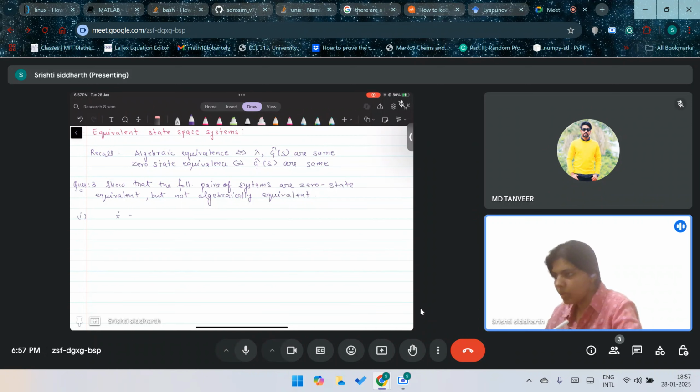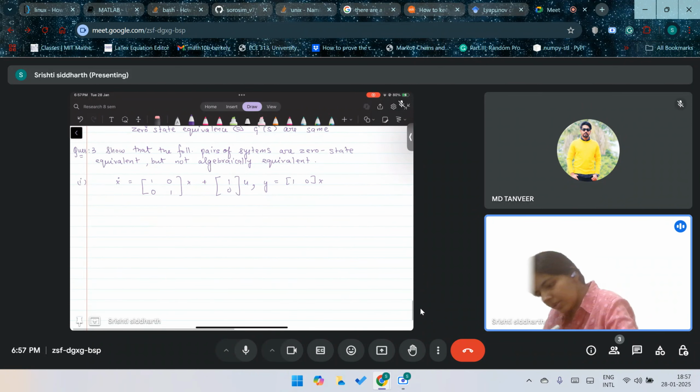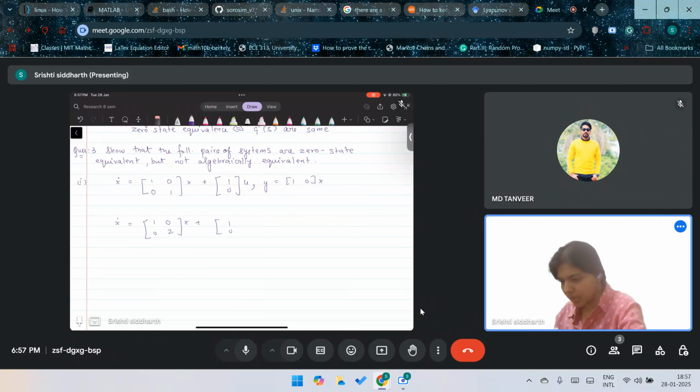So the first system is a second order system: x dot equals 1, 0, 0, 1 (the identity matrix) x plus 1, 0 u, and the output is simply the first state. And the second system that we're considering is x dot equals 1, 0, 0, 2 x plus 1, 0 u, and y is still the first state.